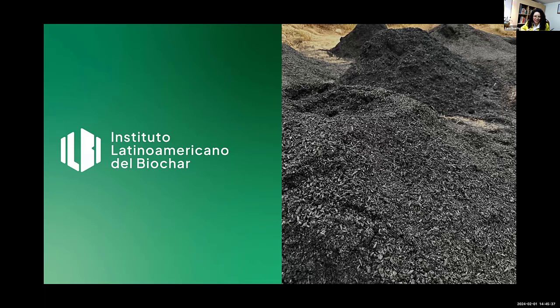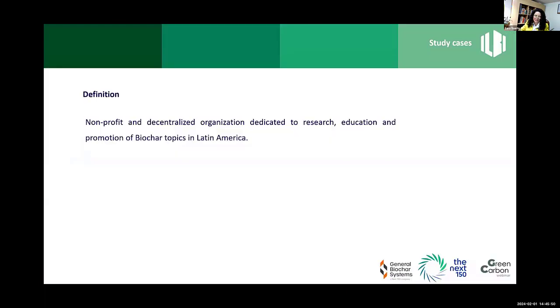But unfortunately, until now, we haven't had a lot of initiatives as in other parts of the world. So it's really important to have initiatives that understand biochar deeply. That's why we have established it. The next 150 heads work on it.